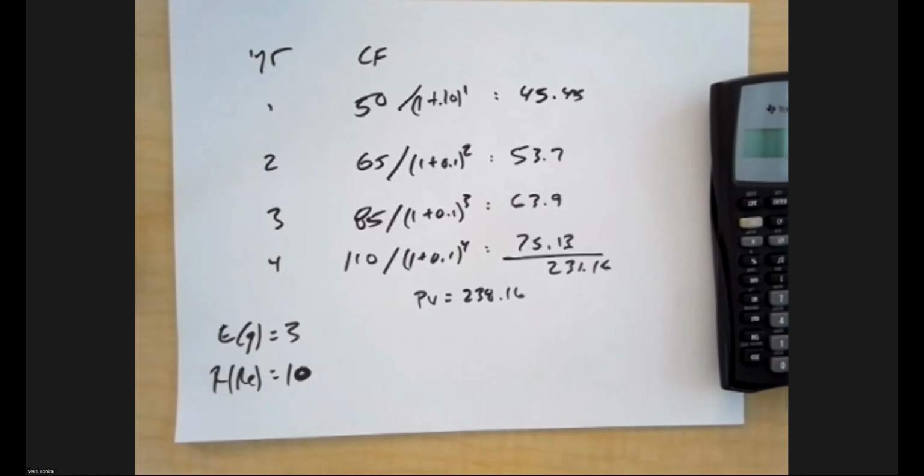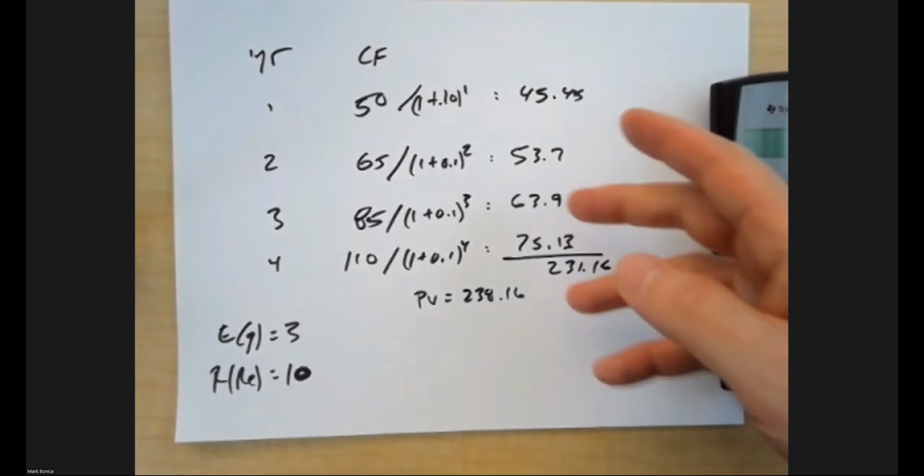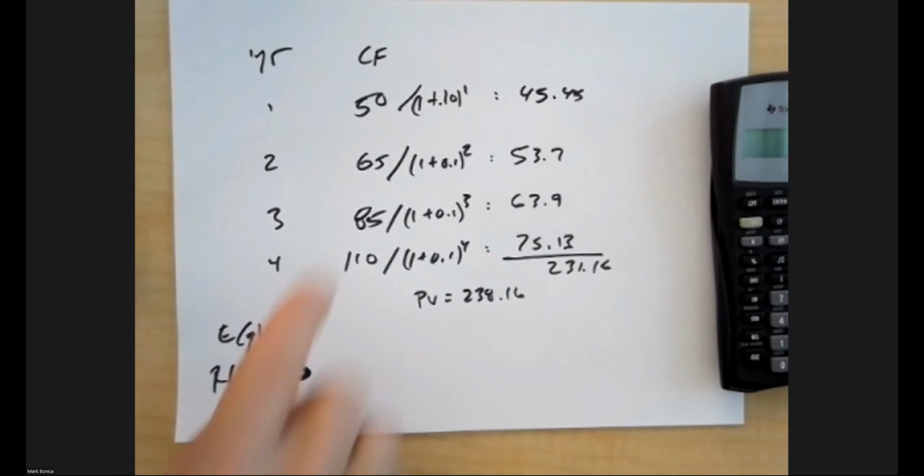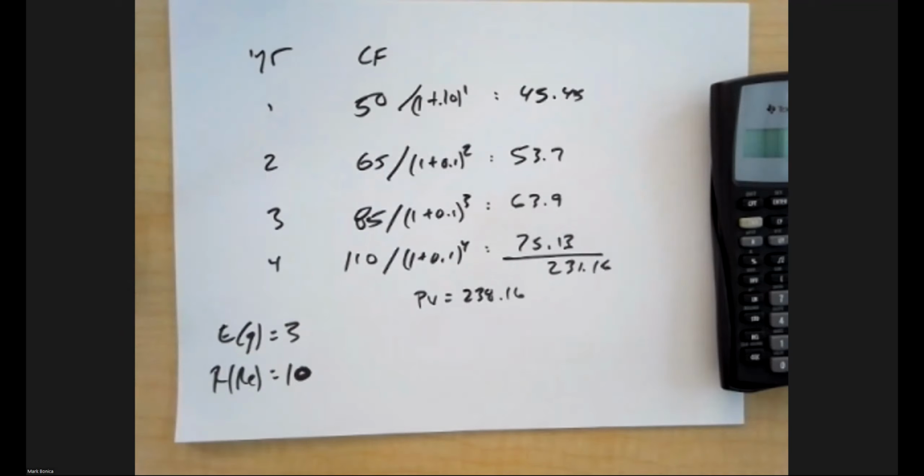So that's the assumption. What we've basically valued is, D-Hop is in business for 4 years. It's going to make 50, 65, 85, 110. And then after that, it's going to make 110 times 1.03 in year 5, right? So when we say it's got a constant growth rate, what we're saying is, to calculate year 5, we take the 110 from year 4 times 1.03, 1 plus the growth rate.